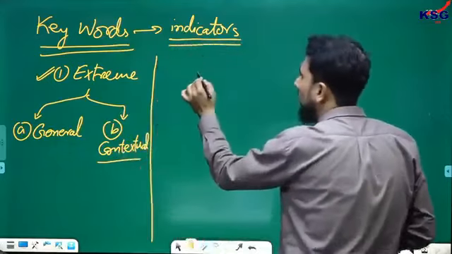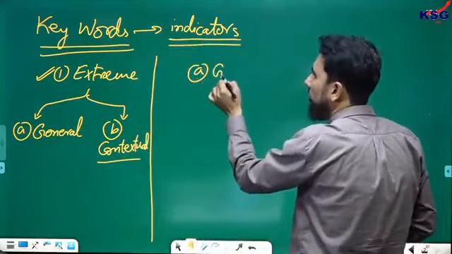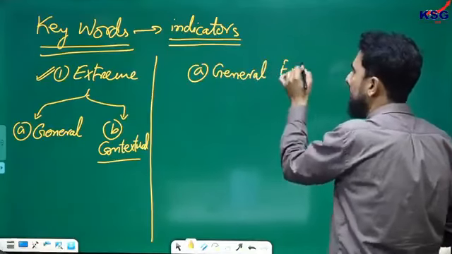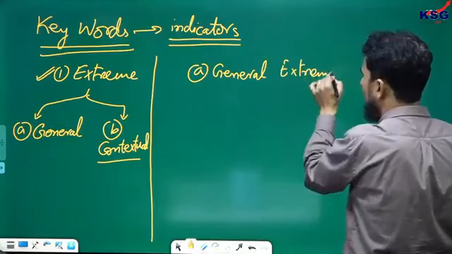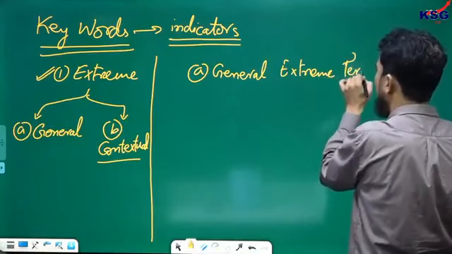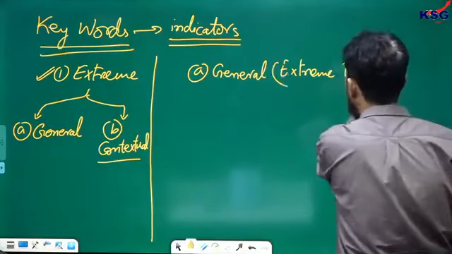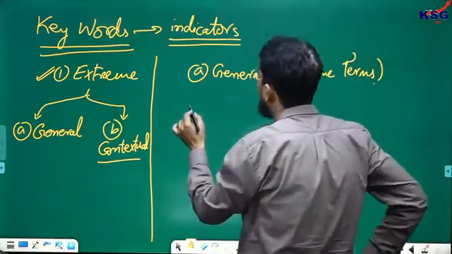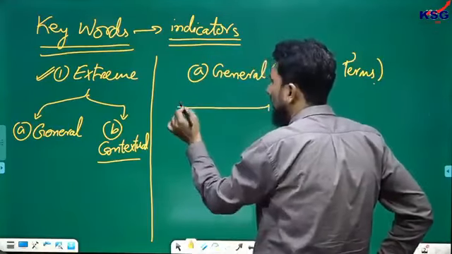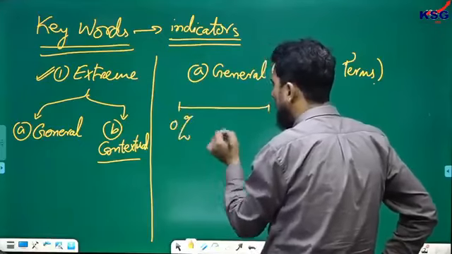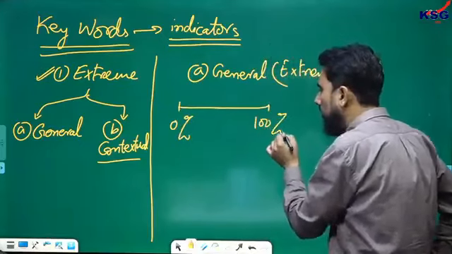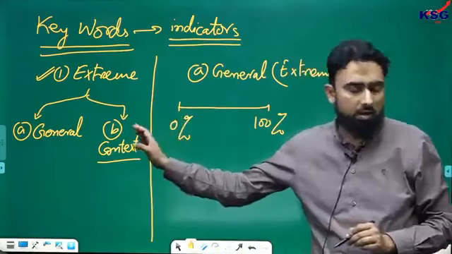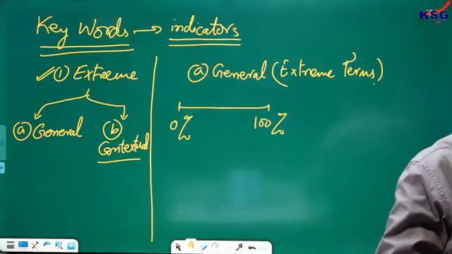Let me now discuss A, the general extreme terms here. You know that all such words that represent 0% or 100%, it means everything is included at 100% and nothing is there at 0%.